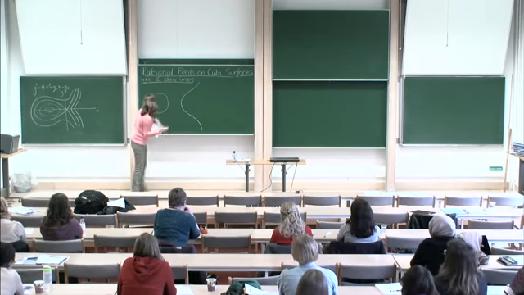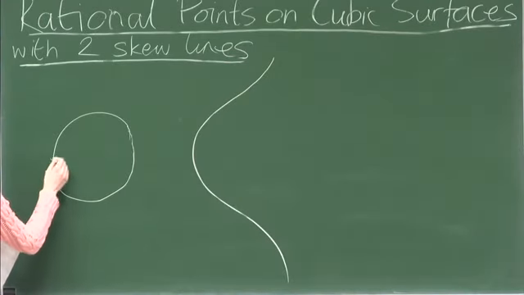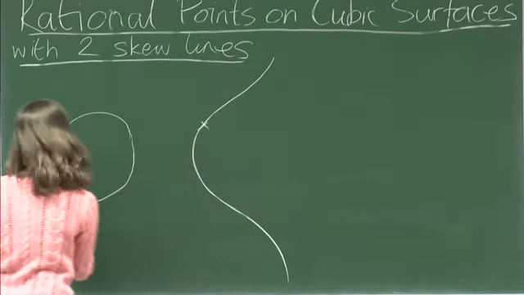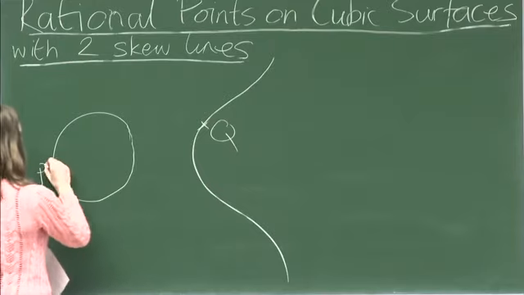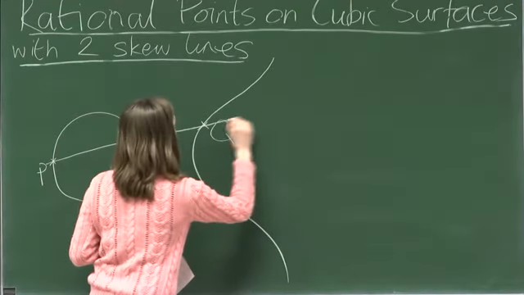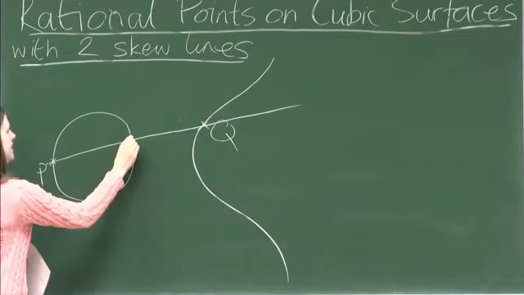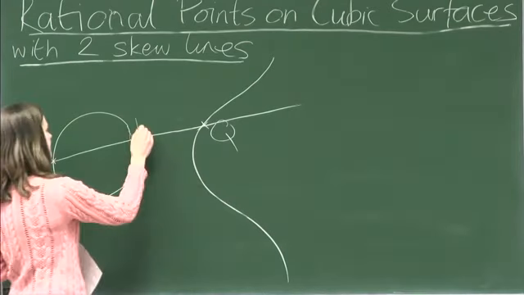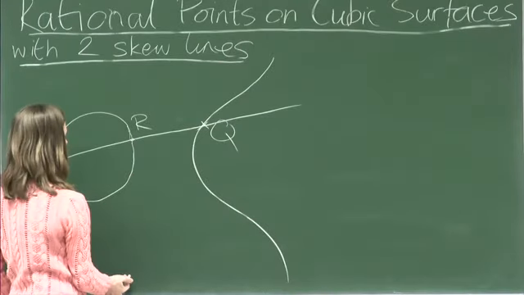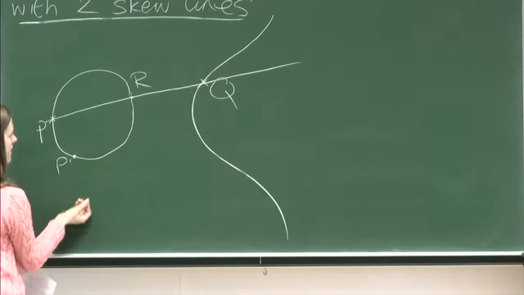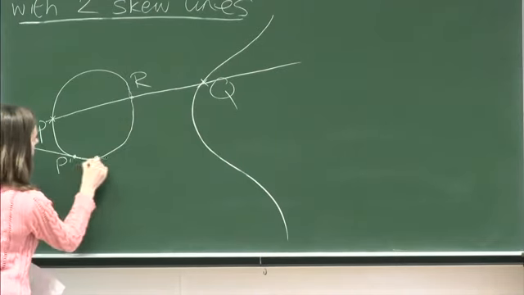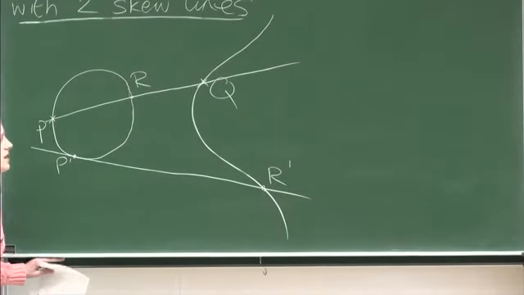So we start with our elliptic curve, and then we take 2 points on it. You can generate another point just by drawing a secant line through these 2 points. Then we hit the elliptic curve again here, and we've generated a point R. Or equally, we could take another point and take a tangent line at that point, and then we hit our elliptic curve somewhere else, and we've generated another point.